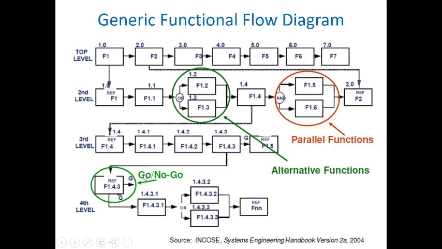And then after performing 1,4,3, this is a scenario that maybe after performing one function, we may come up with some options depending on the result of this function. We may go through this path or through this other path, go or no go decisions. And again, if that happens, we can specify those in a function flow diagram as well. So as I said, this is just a schematic representation of how a function flow diagram will look.